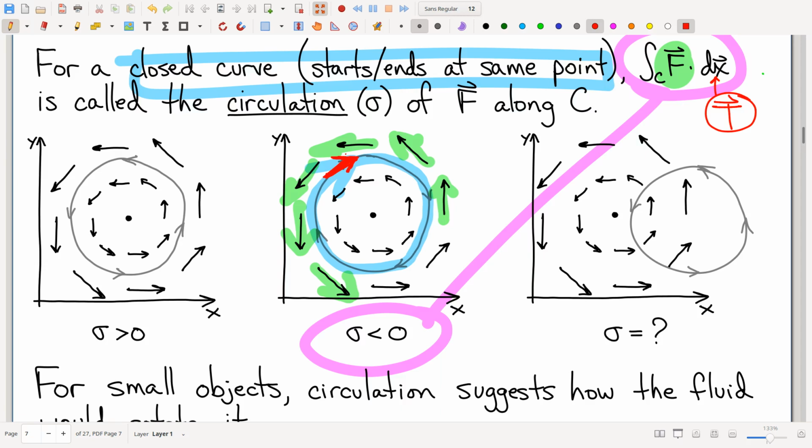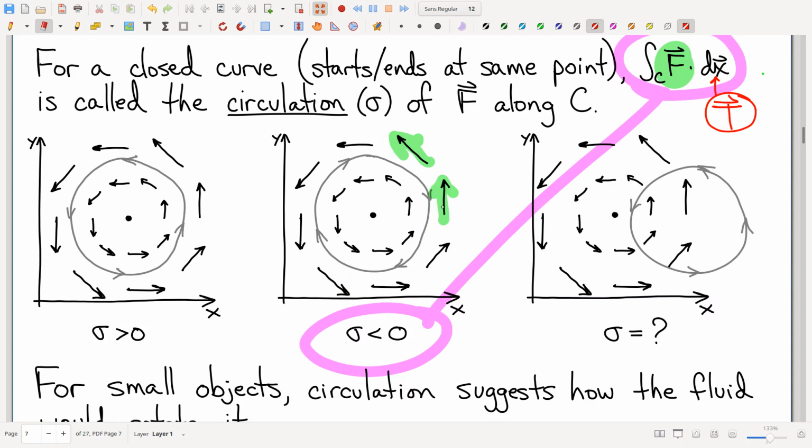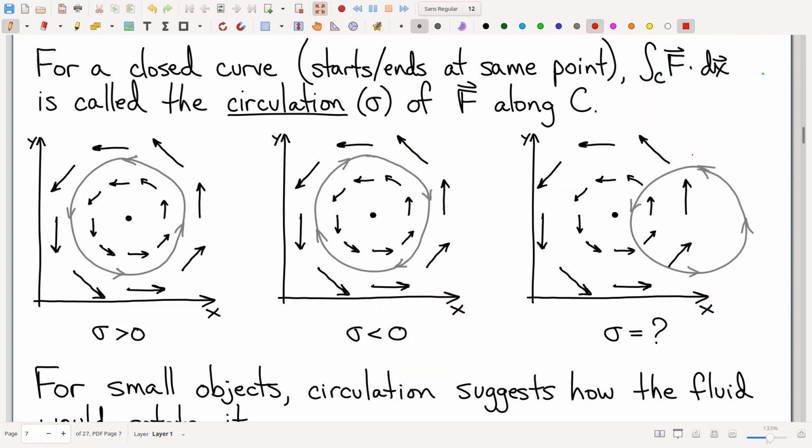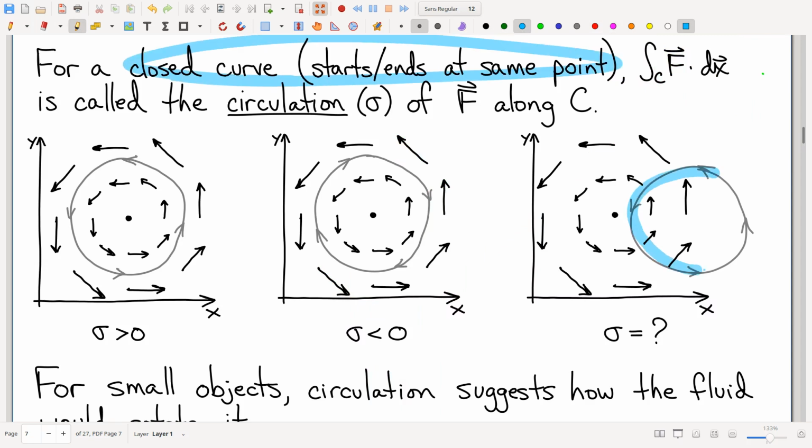Okay, so last observation I'll make is that not all questions are this clear-cut. You'll notice the closed curve here, like so, with our vector field, again, the same vector field. In some places, the fluid is flowing opposite of the direction of the curve.